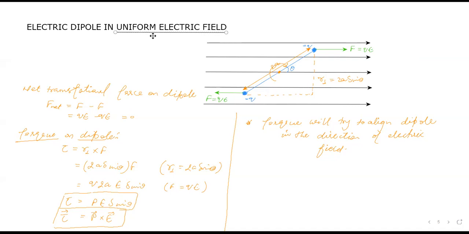I mean, what will happen when the field is variable? So all of this is correct for the uniform electric field only, when the electric field is uniform and your dipole is placed inside the field. Then what will happen when your field is non-uniform?